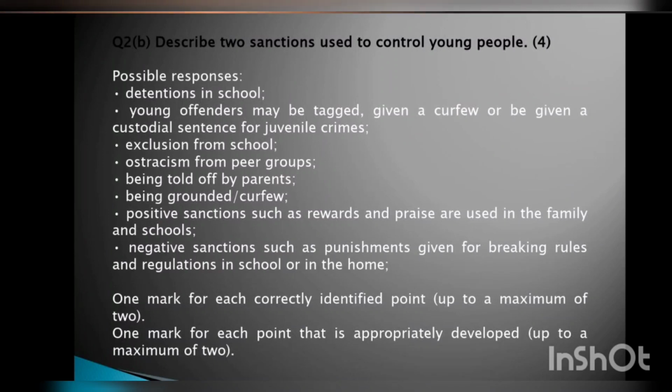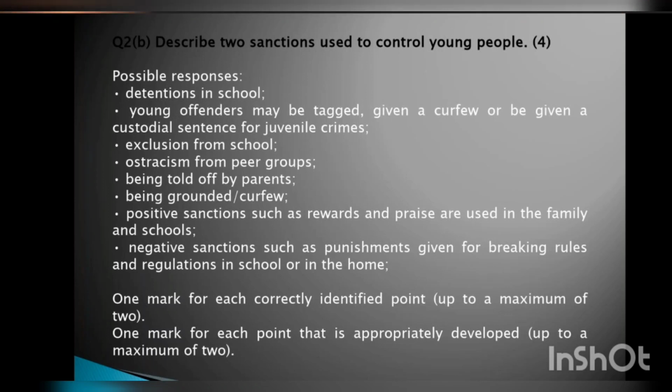So it will be very good if you write 1 positive sanction. What can be a positive sanction? You can write that young people can be rewarded and praised in front of their family or among the children at school if they have done something good and if their behavior is appropriate. Then this is basically the example. And the other point can be about negative sanctions.